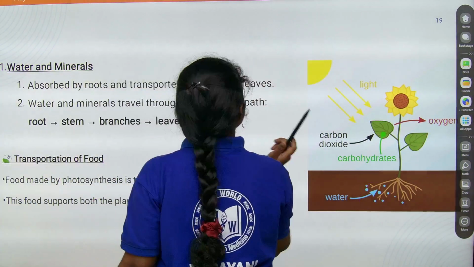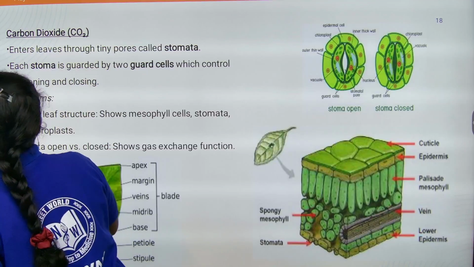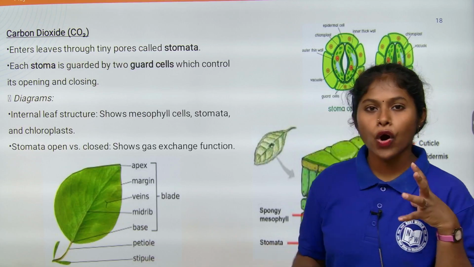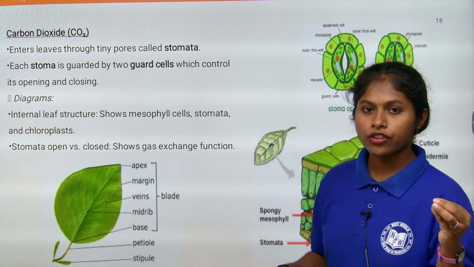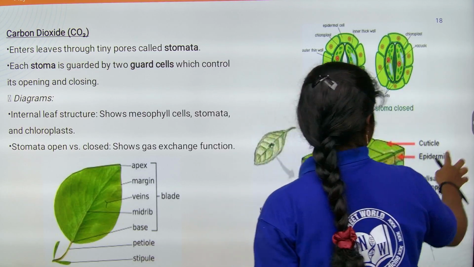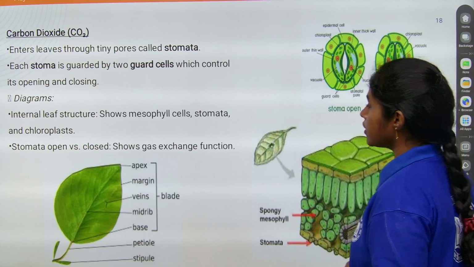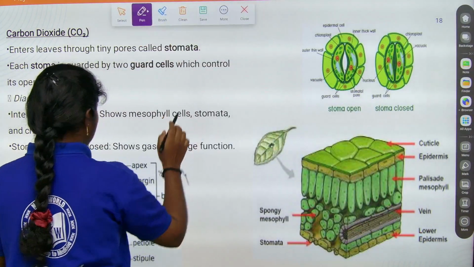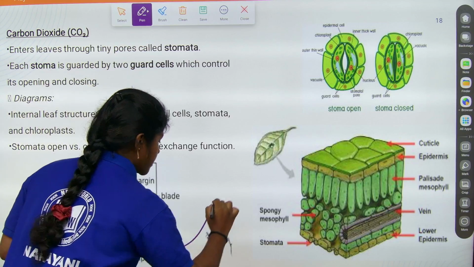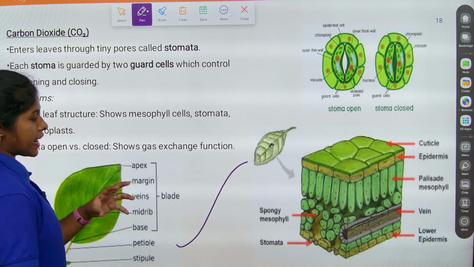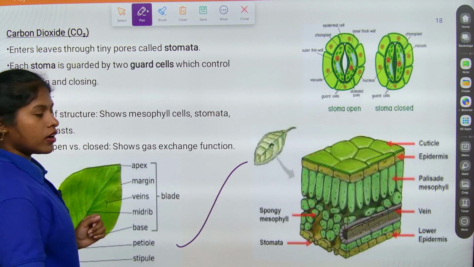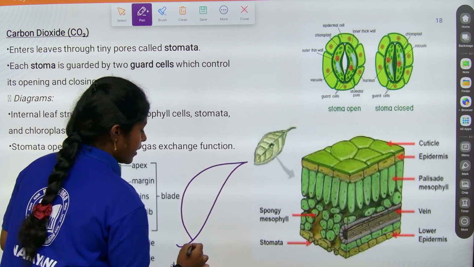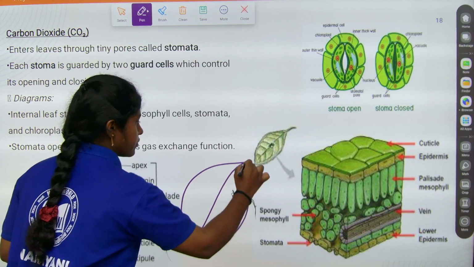So I will give you homework for tomorrow: draw this leaf diagram. If they ask you to draw the leaf diagram, just draw this. See, I will explain to you, children. It is quite easy. Just keep a slanted curve position, then here half and again this half.